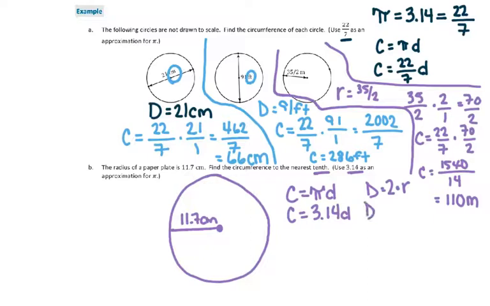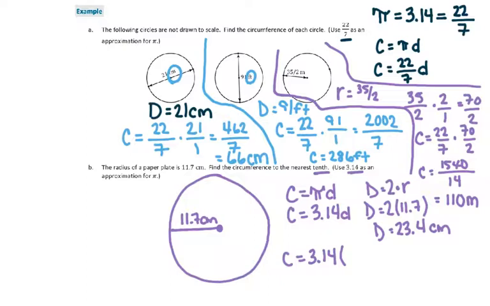So we're going to find the diameter by multiplying our radius, which is 11.7, by 2, and we come to the conclusion that our diameter is 23.4 centimeters. So we're going to find the entire distance around our circle by multiplying 23.4 by 3.14, because we're representing pi as 3.14.